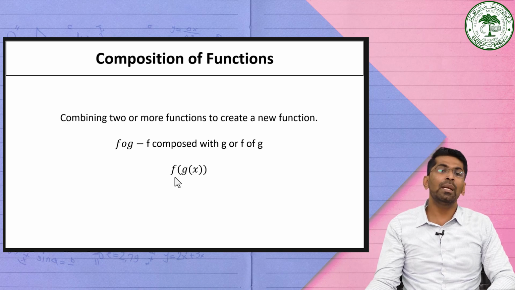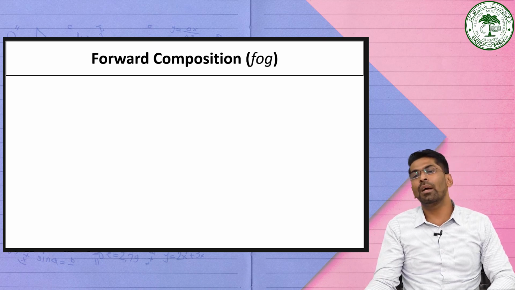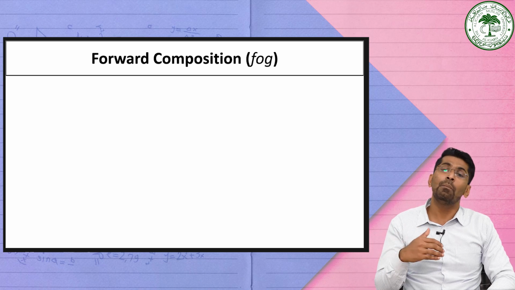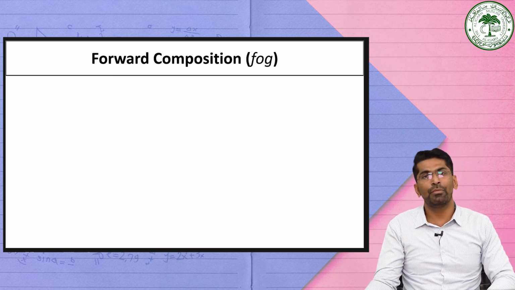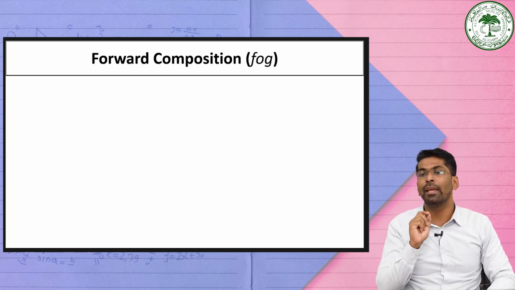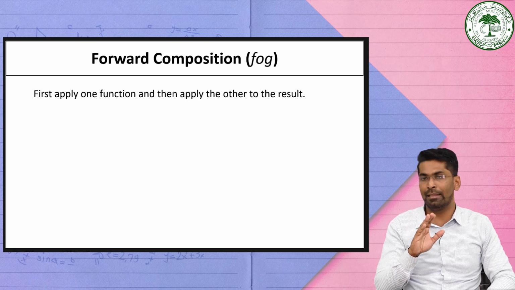We have different types of composition of functions. The first one is forward composition. It is the most common standard form, and it involves combining two functions in such a way that first we apply one function and then apply the other to the result.